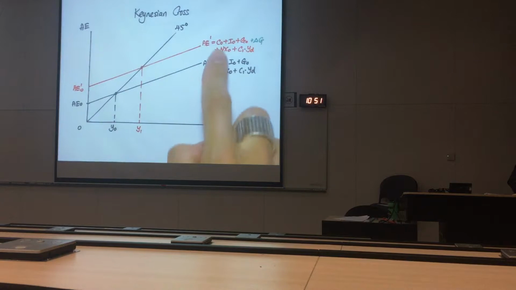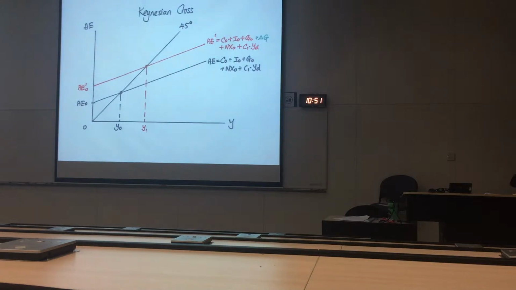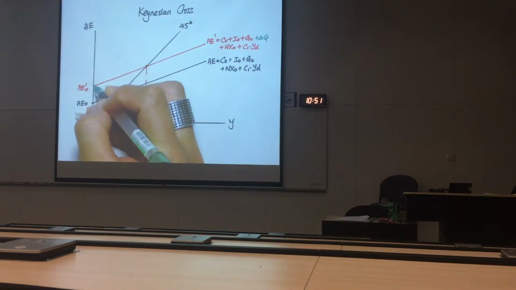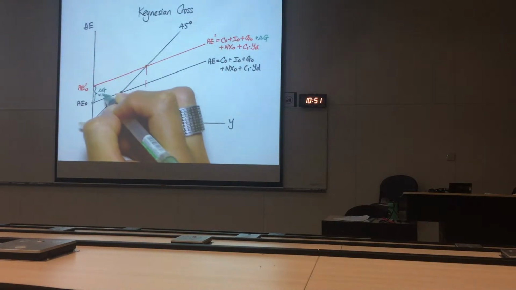So the difference between these two AE equations is simply your change in G, which of course, if you actually mark this out, this gap here is the change in G, which is 100.